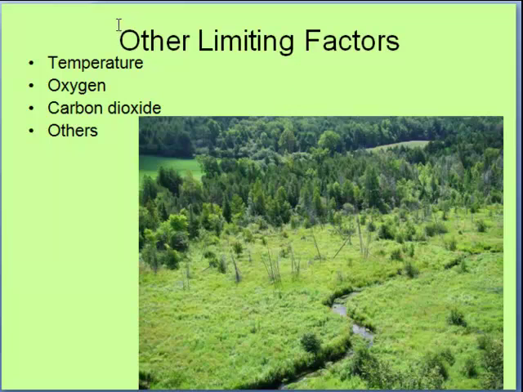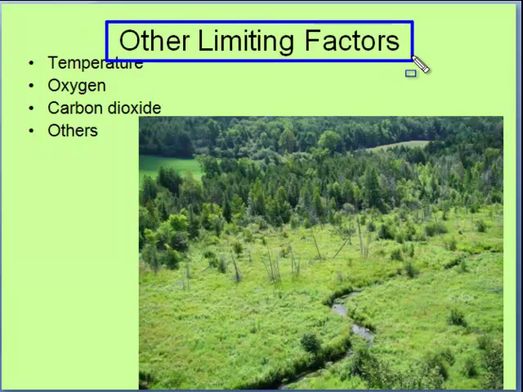So other limiting factors that we have, or this may be a good example of other limiting factors, is this little diagram, a picture I took, and you can get an appreciation here. If we look at here, we have a stream, and then way over here we have a drier area.